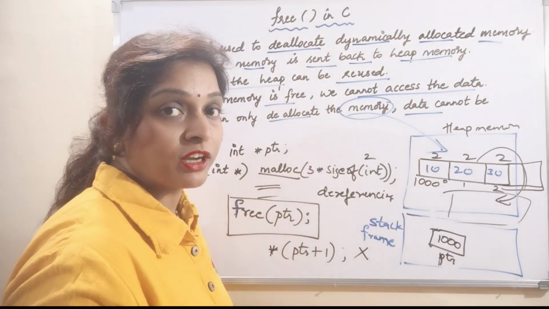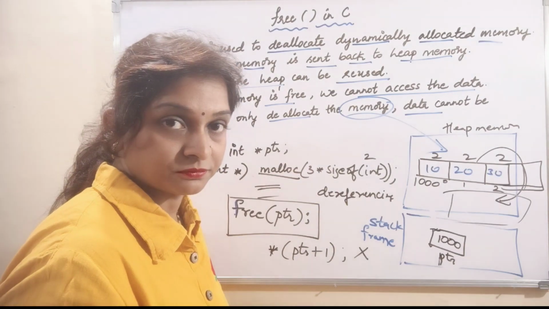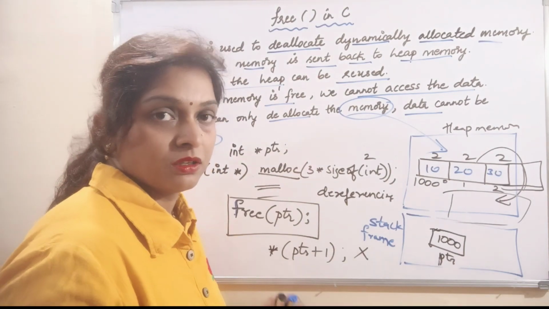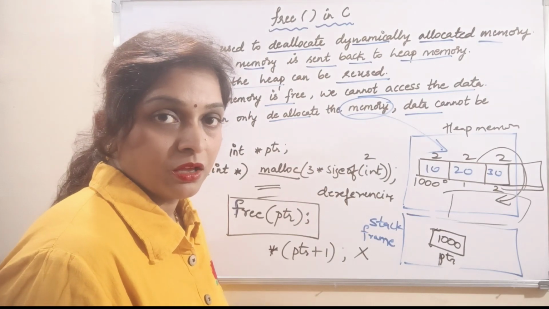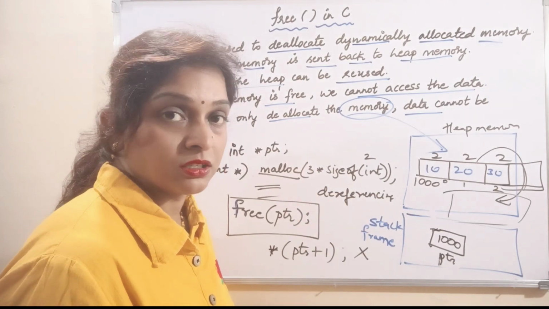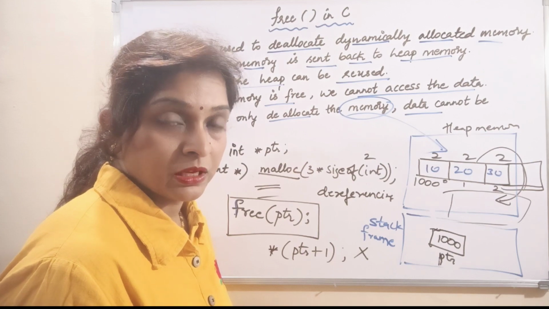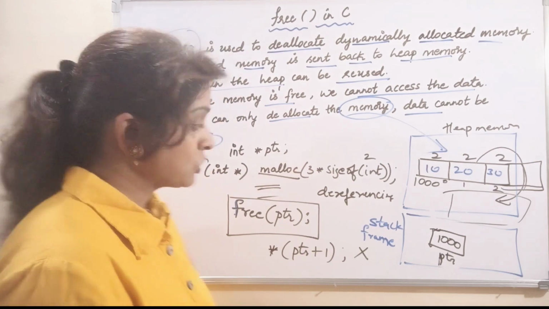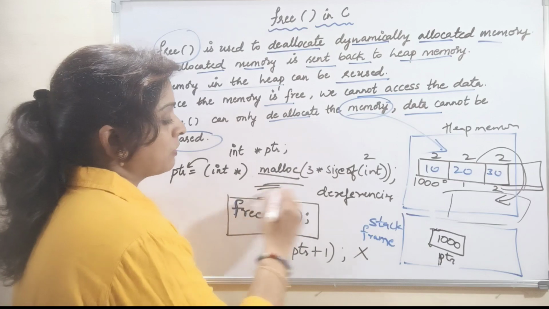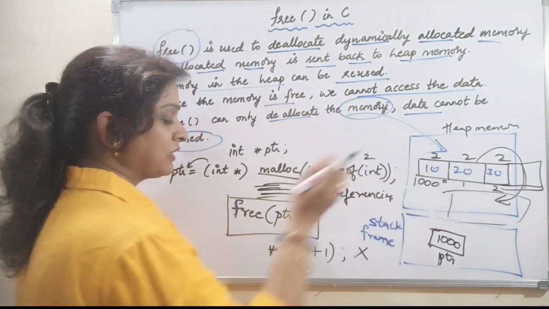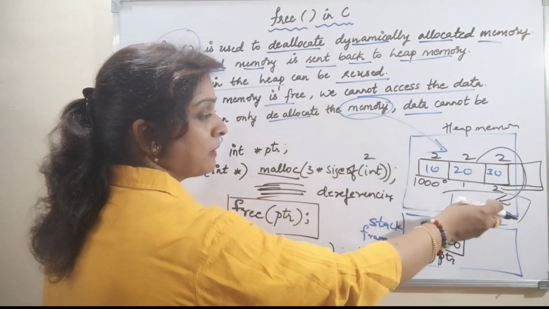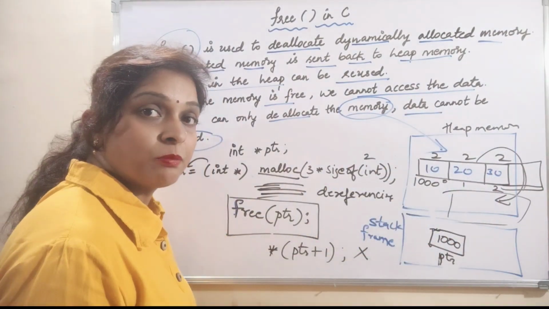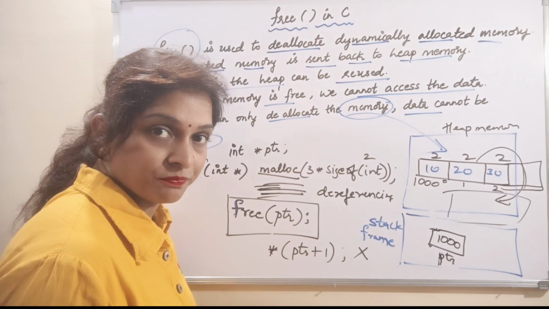After you free the pointer, the memory is released. It is back to the heap memory. I can reuse that for the next allocation, but I cannot dereference it. After performing all my operations and storing some data, I say free, then the memory will be released and back to the heap, and that memory can be reused for the next allocation.